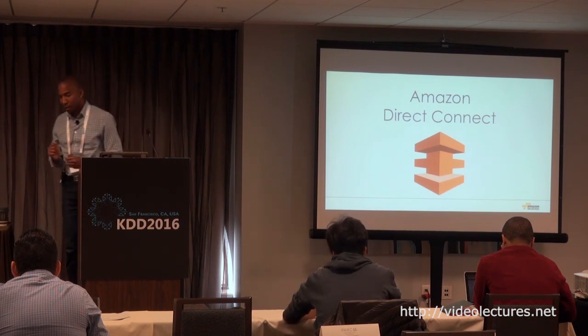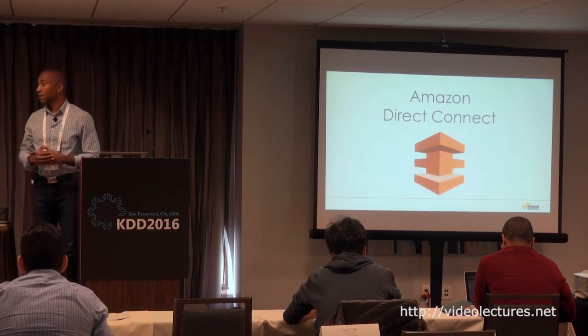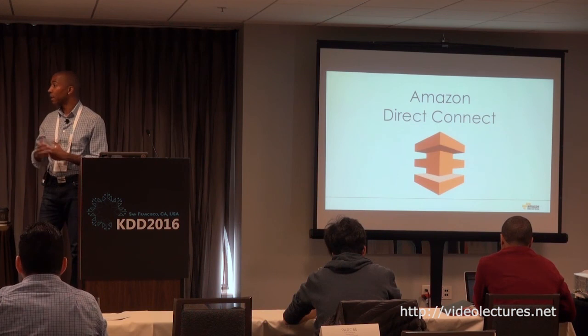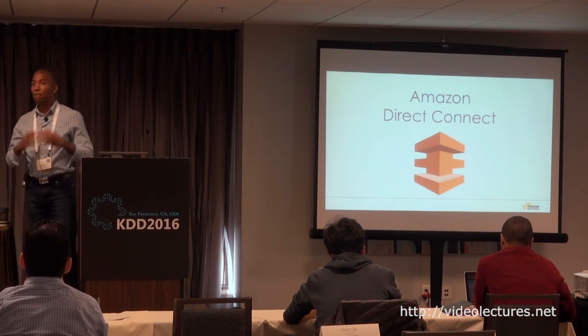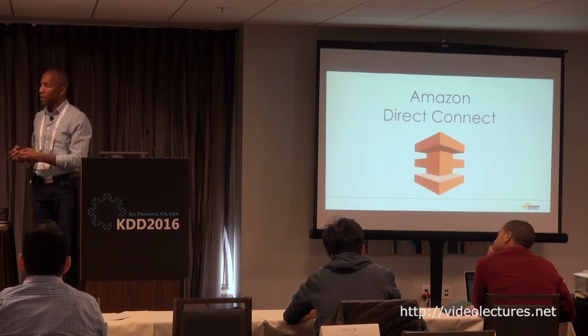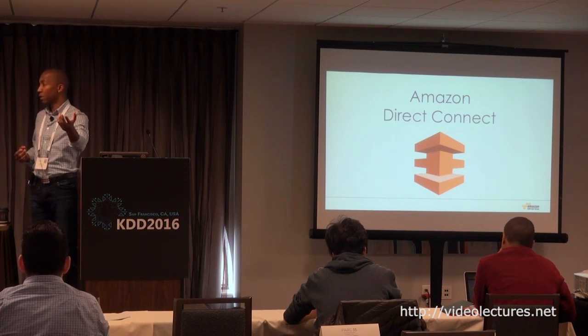Now, the good thing with Direct Connect is if you have a multi-gig or a gig link, and you decide, you know what, I have a fleet of servers in Northern Virginia, but my Direct Connect is actually terminating to Oregon, right? But I actually want to communicate with Northern Virginia EC2 instances.